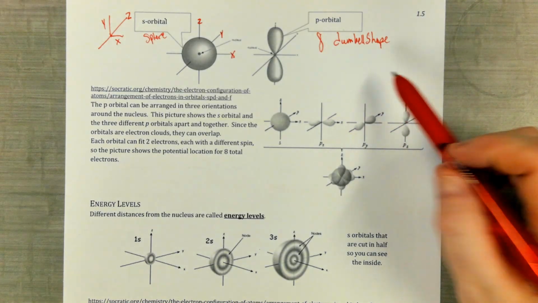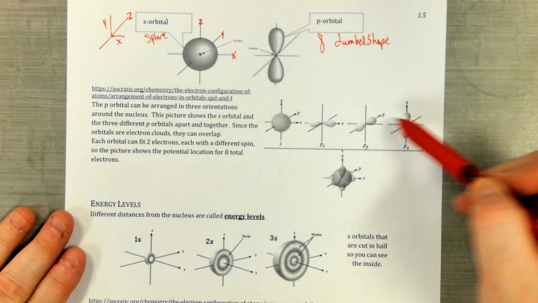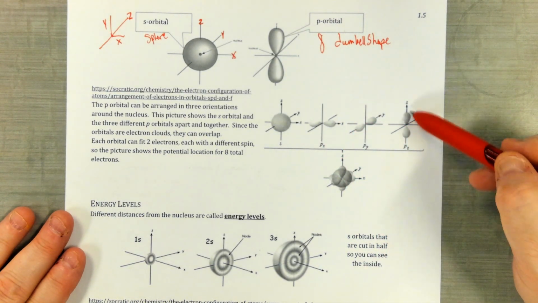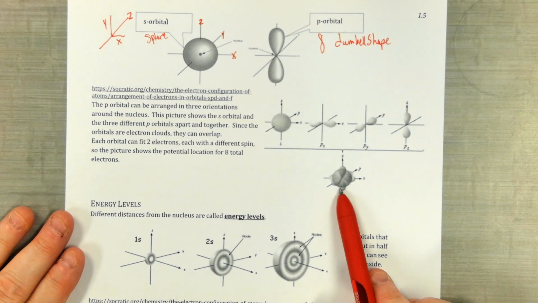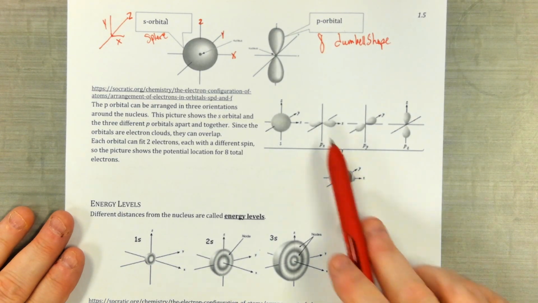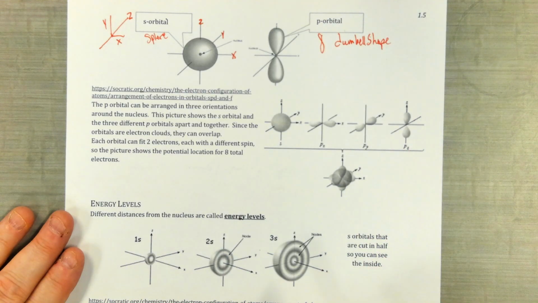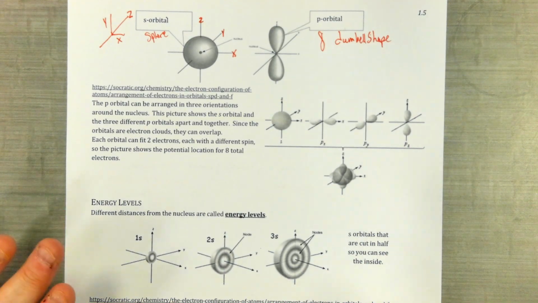And with the dumbbell shape, it can be on the x-axis, it could be on the y, or it can be on the z. So if you have something that's bonded, an element that has a sphere and 3 pi orbitals, it kind of looks like this when you put it together. Within those orbitals, only so many electrons can fit.